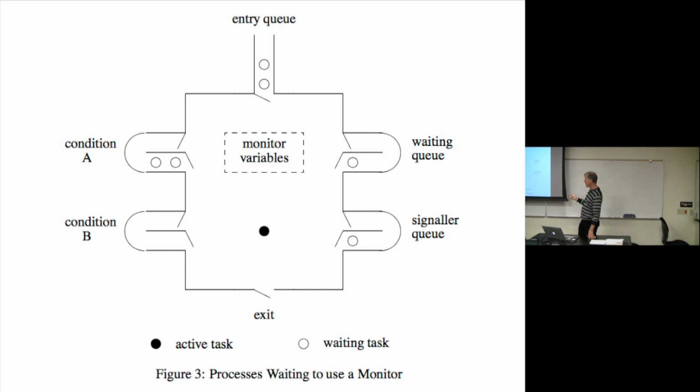There's always one active task, and then there could be waiting tasks in any one of these queues. Now look here. Remember what we said is a requirement for the monitor queues? They have to be first in, first out. Do you see how this shows that? Because if this guy executes a wait on condition A, where is he going to go?